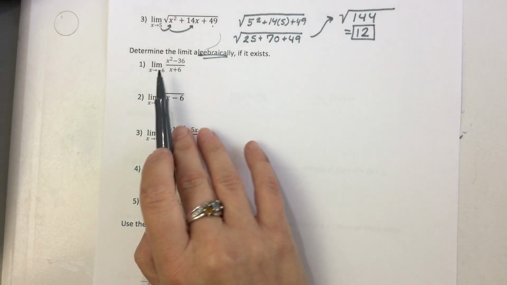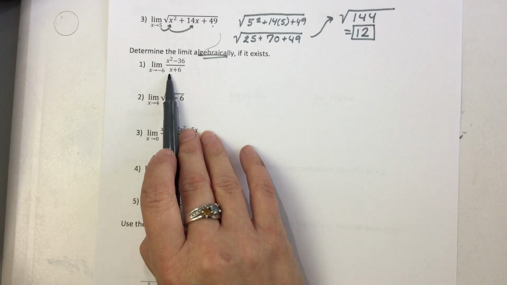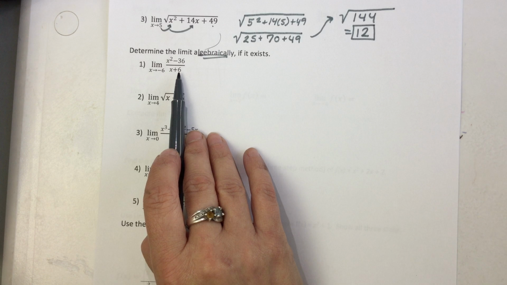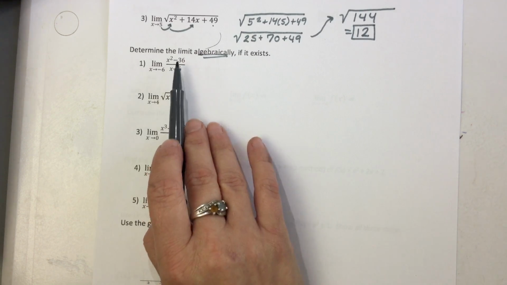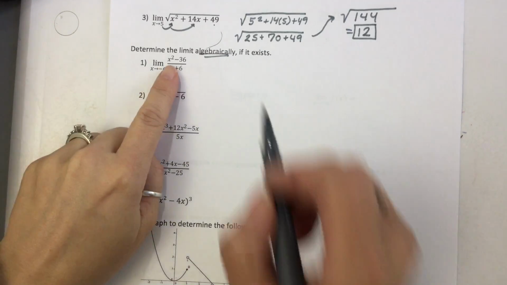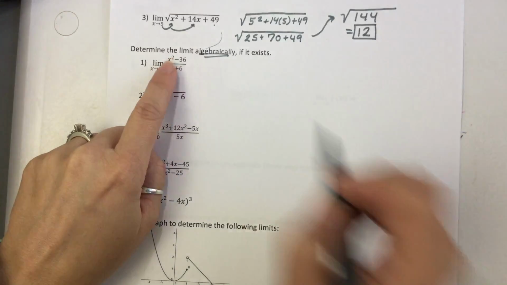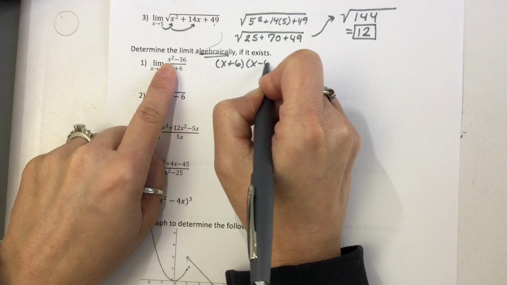Okay, let's go ahead and look. Now here, I cannot fill this negative 6 in right away, because on the bottom, negative 6 plus 6, well, that's a 0, and you cannot divide by 0. So what I'm allowed to do is simplify this first. If I take the square root of x squared and the square root of 36, I would get x plus 6, x minus 6.